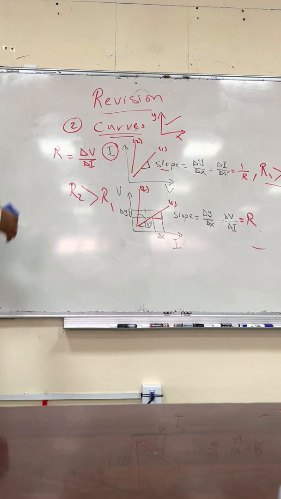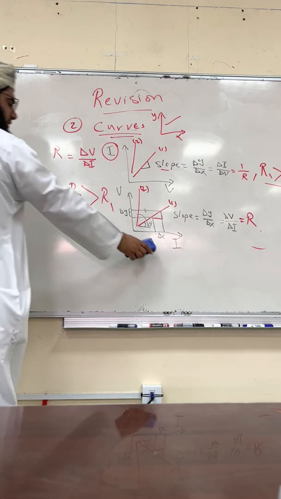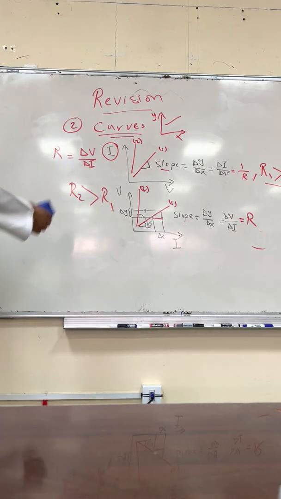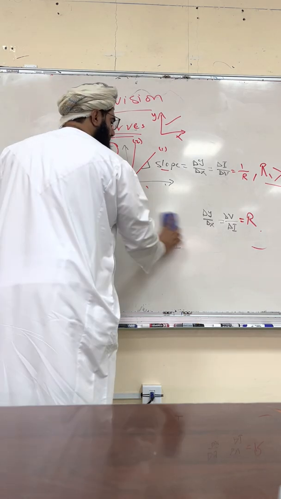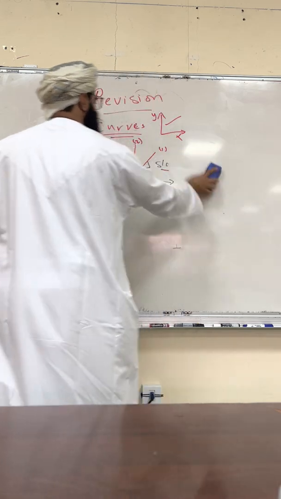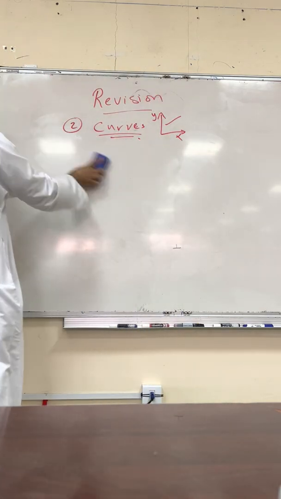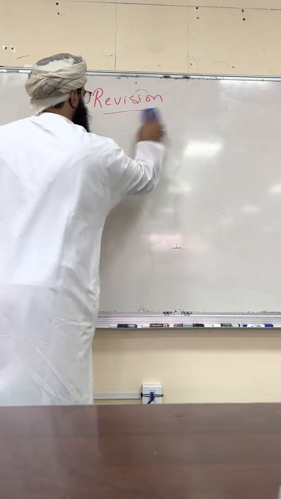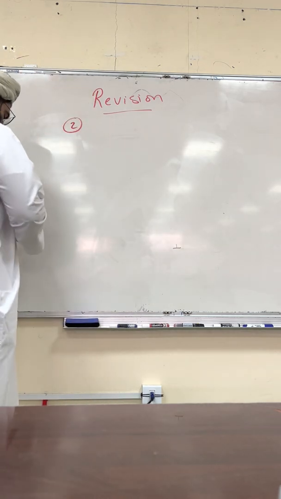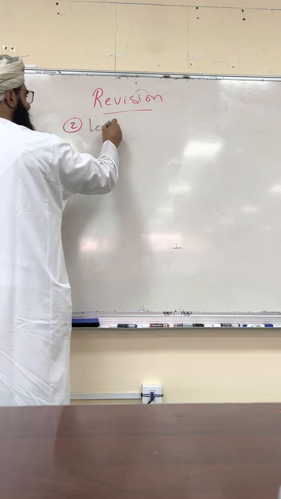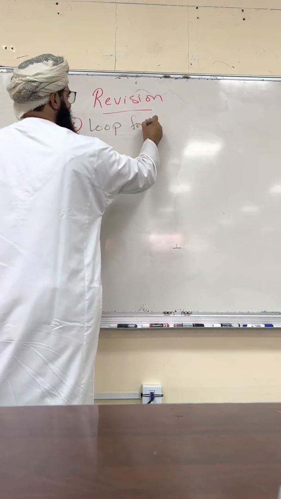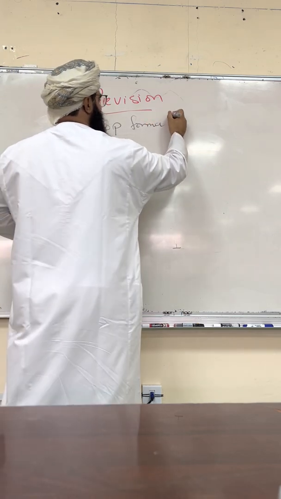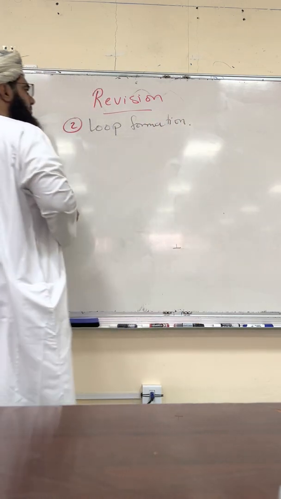But from here, understanding the slopes and the y-axis and v-axis coordinates can play a role. This also reminds me of something else I can talk about directly, which is the loop formation.